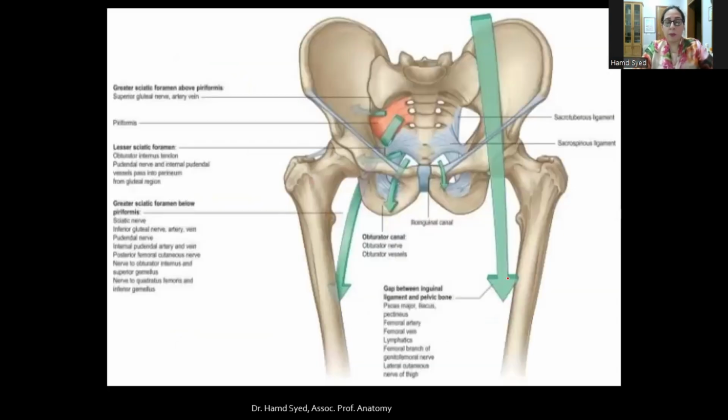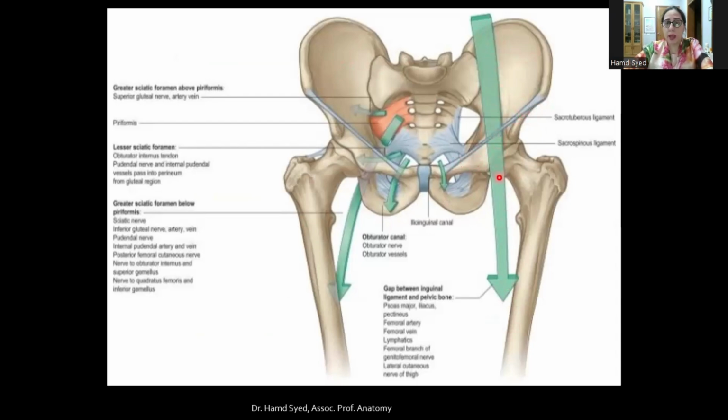So now let's look at the passageways which are prominent in the gluteal region. Over here, this is a very good diagram of the bony pelvis. This larger arrow represents the gap between the inguinal ligament and the pelvic bone.